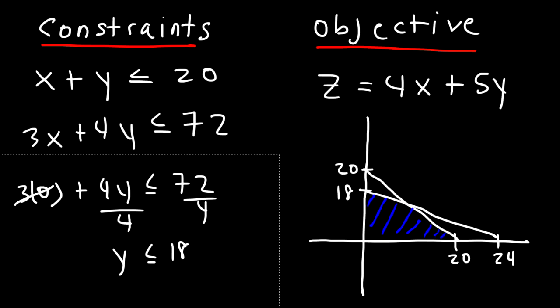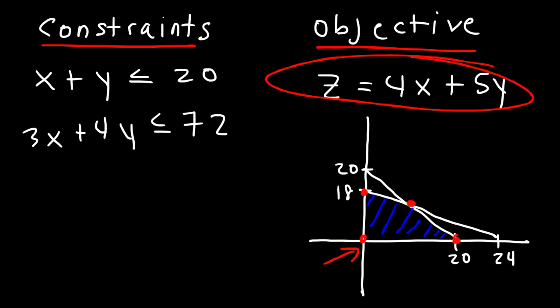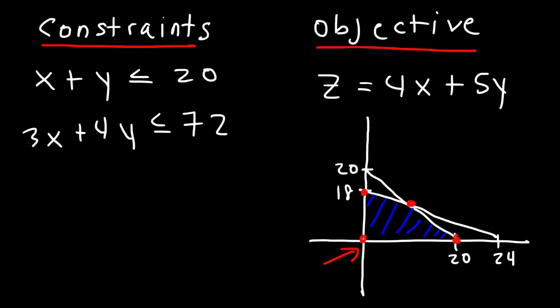Now once you plot the graph, identify the corner points. At one of these corner points, we're going to get a maximum. Now we really don't need this corner point because we're not looking for the minimum of the function. If we plug in 0 and 0, z will be 0. And we want to maximize z, so let's ignore that corner point.